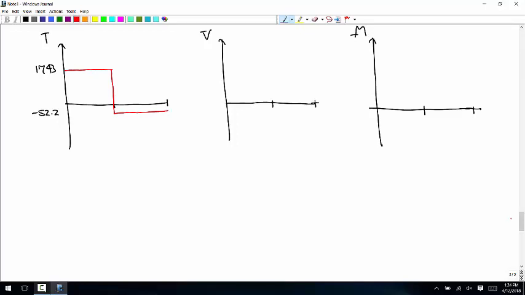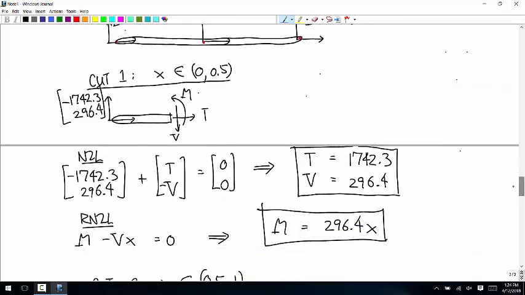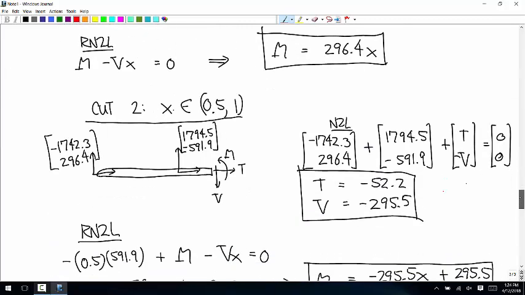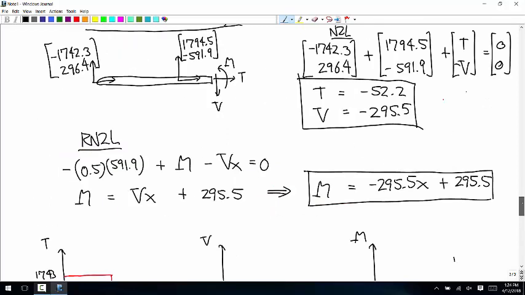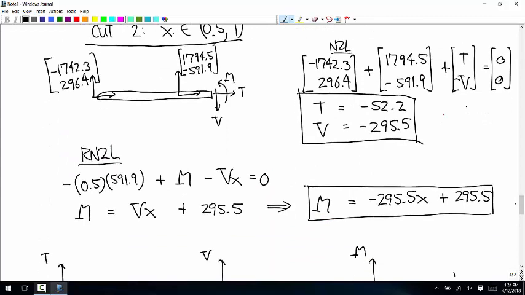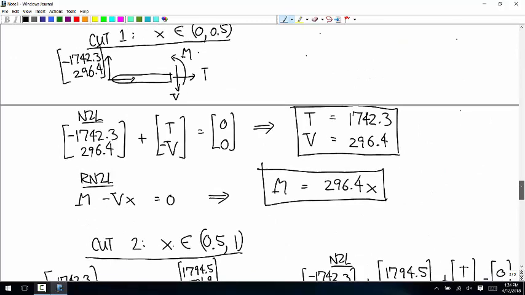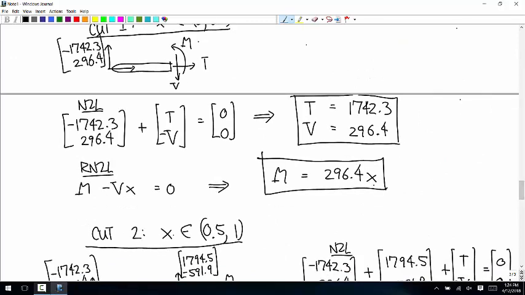For the shear force, on the first half, 296.4, and on the second half, 295.5. And then the bending moment on the first half, 296.4x from x equals 0 to x equals 0.5.